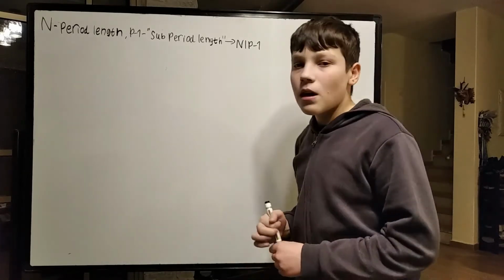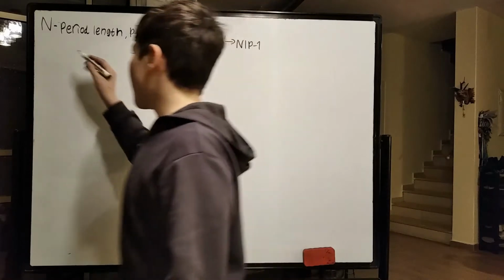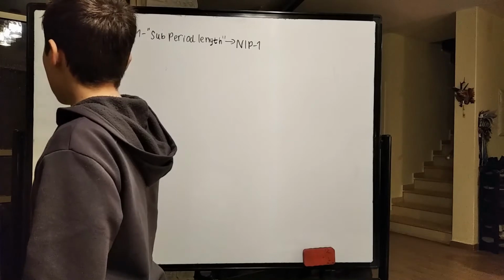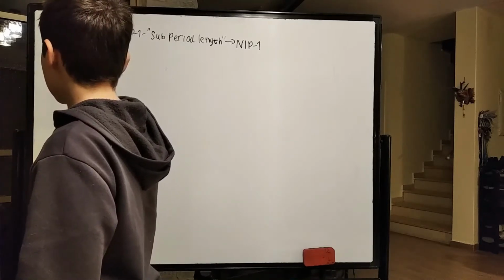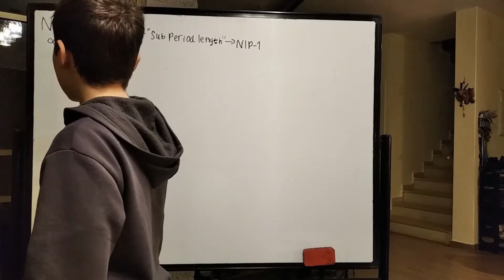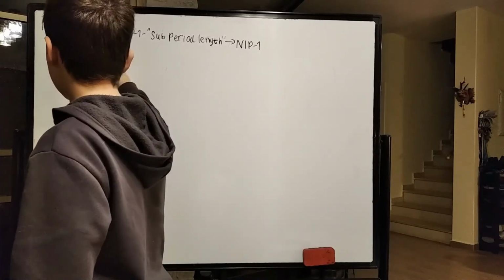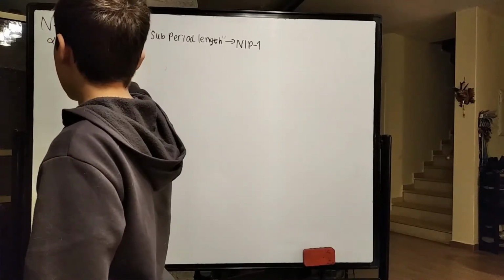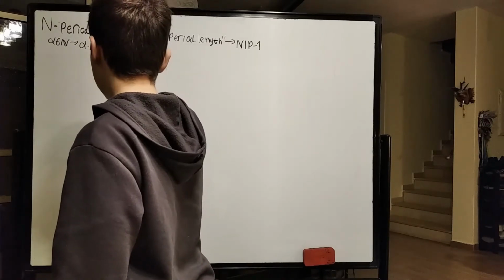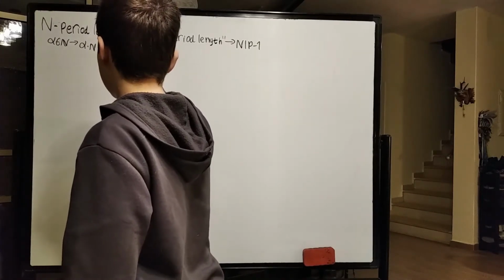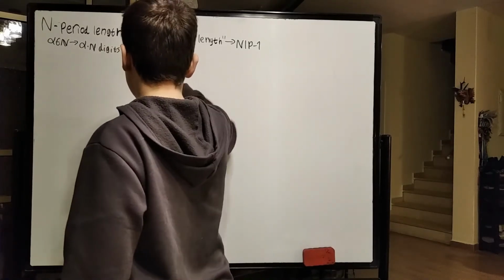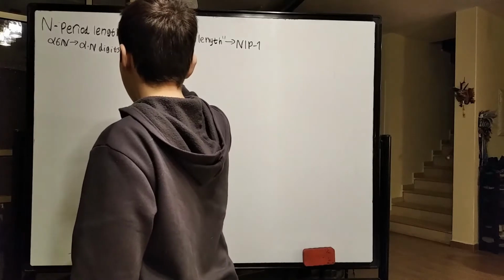Okay, so we're going to establish two things. One, if alpha is a natural number, then we have alpha times n digits do repeat.